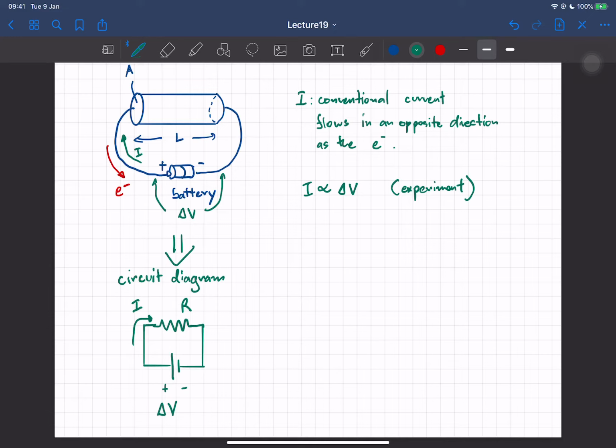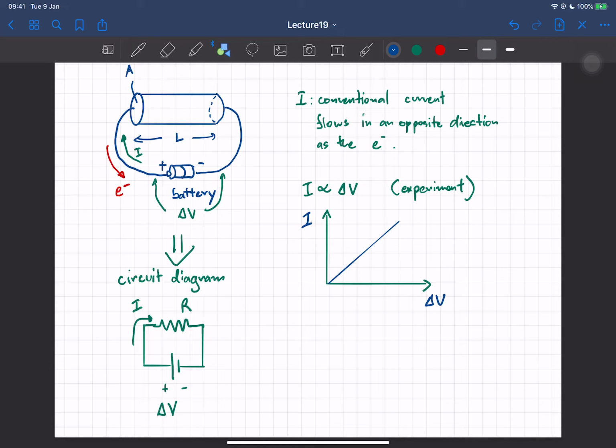Okay, so that means if you plot the graph for a certain piece of metal, which we call a resistor, you're gonna have a straight line when you plot I and delta V like this. So it's gonna be a straight line.